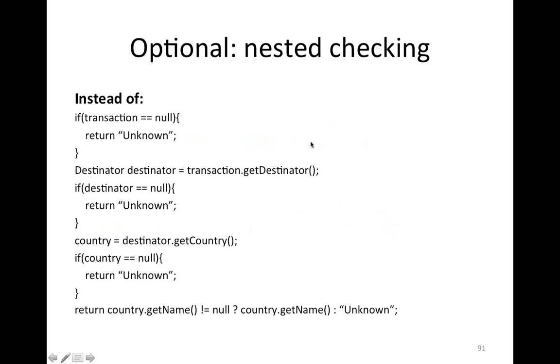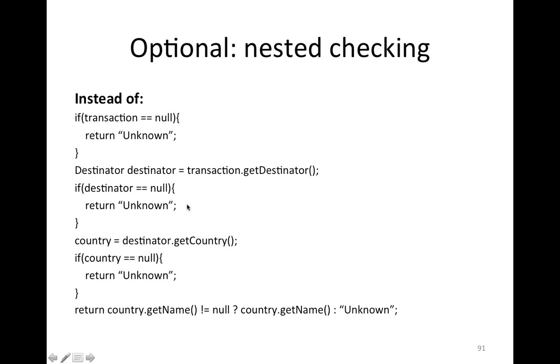Here's a little bit more complicated example, and I just want you to see what you can do using Optional. You don't need to understand this code specifically, but here we'd like to extract a nested structure from a transaction. So if the transaction is null, we return a default value. Then we'd like to extract the destinator from that transaction.